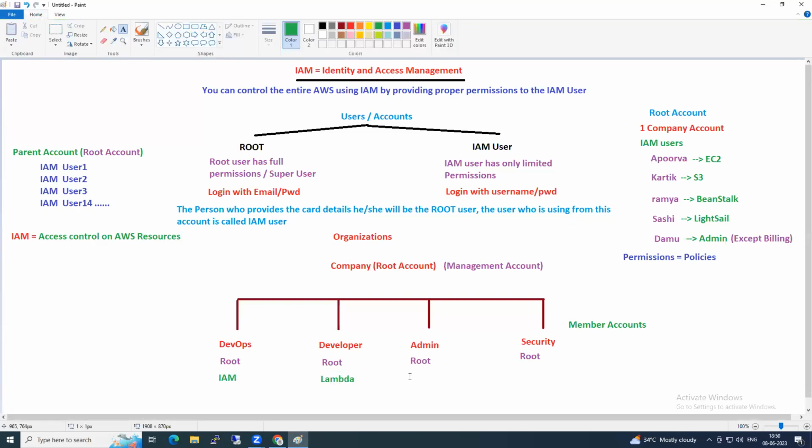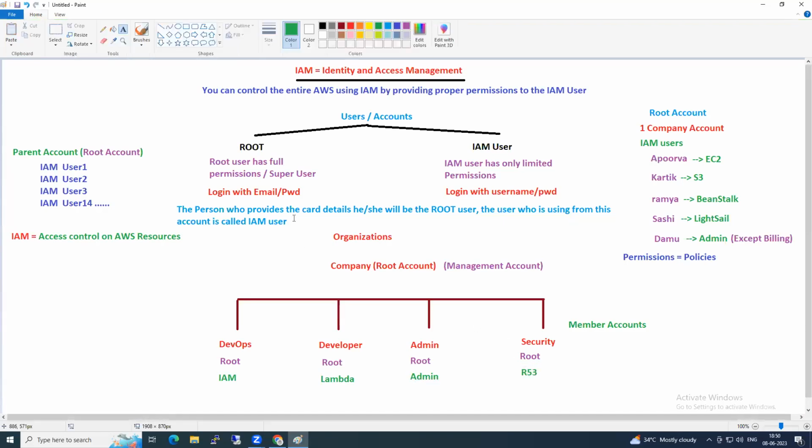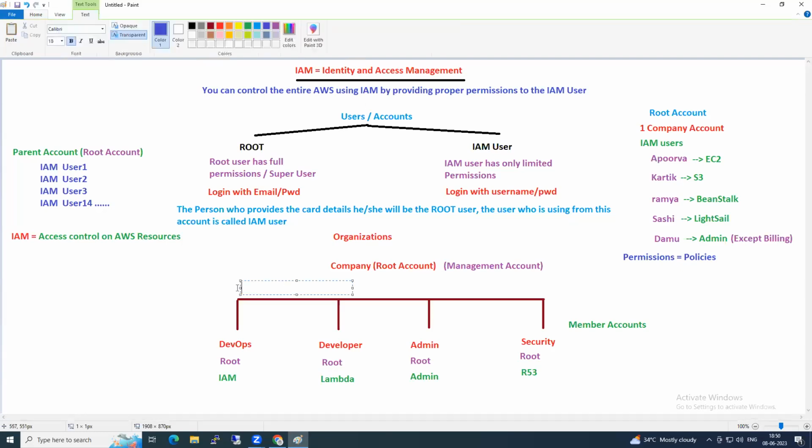For admin, I'll give full access. For security, I'll give access to Route 53, for example. Can I control it like this? Yes, you can control this using something called SCP, Service Control Policies.